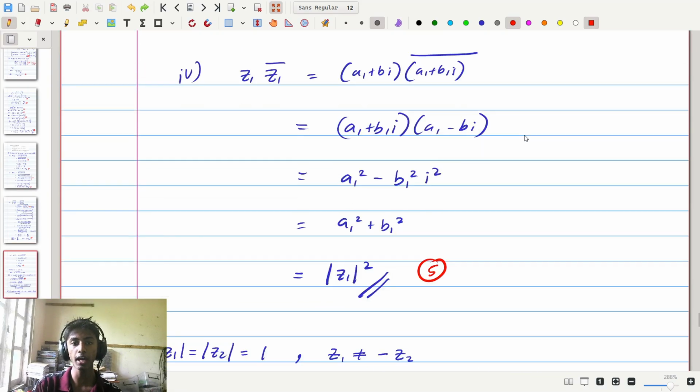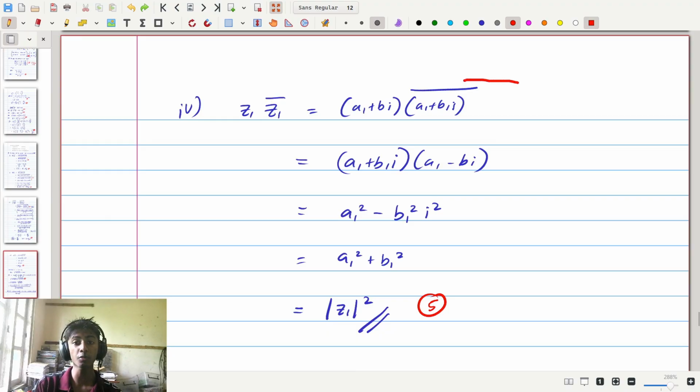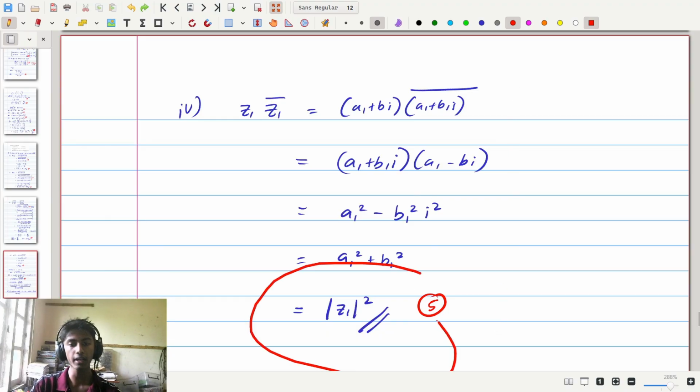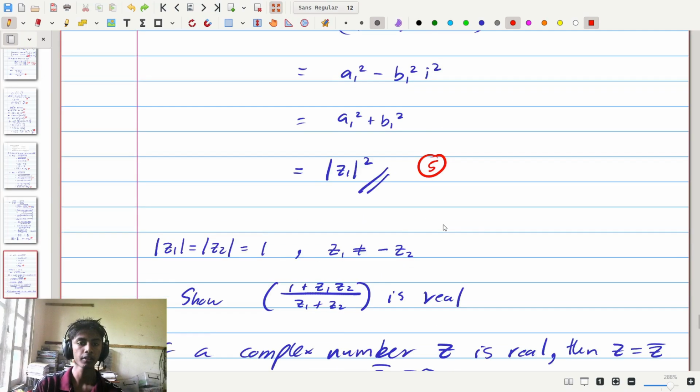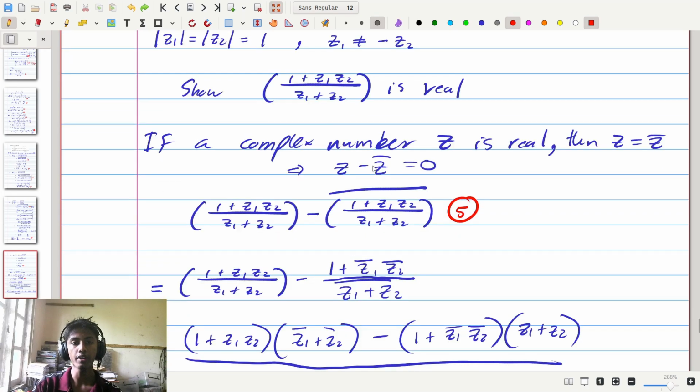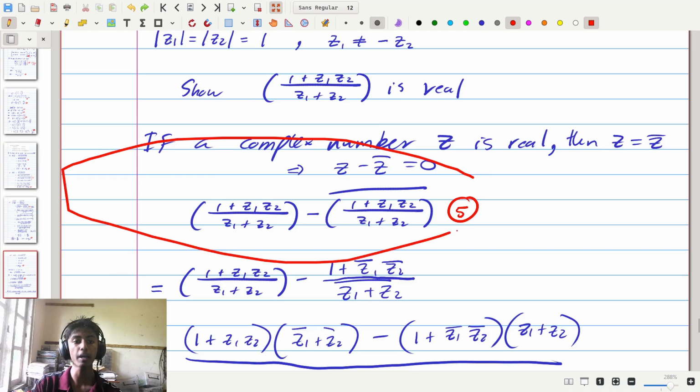Now after this, for the last one, in this identity, since there's not much to prove, when you get the final answer, you get 5 marks. After that, for the second part, when you then take this number and say for any complex number, if the complex number is a real number, then z will be equal to z conjugate, and therefore z minus z conjugate is equal to 0, and then when you apply that condition to this number, you get 5 marks for that.